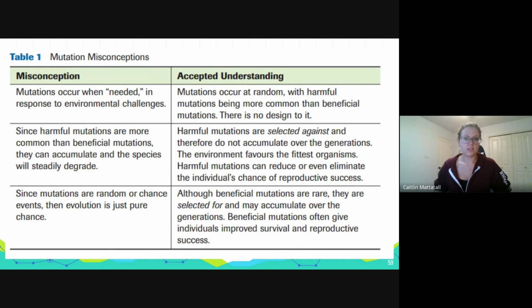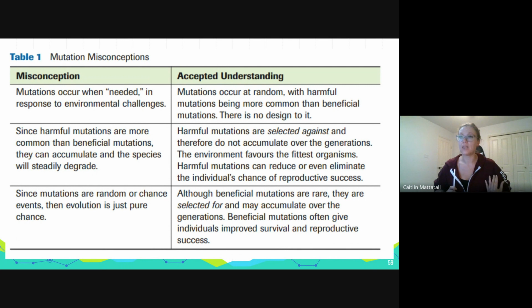And since mutations are random, then evolution is just pure chance. So evolution is also random. But even though beneficial mutations aren't as common, nature is going to select for them because, again, usually beneficial mutations are going to increase your reproductive success. I'm struggling with that word today.